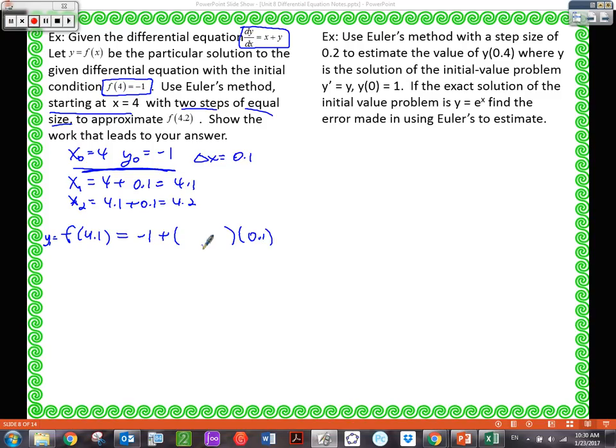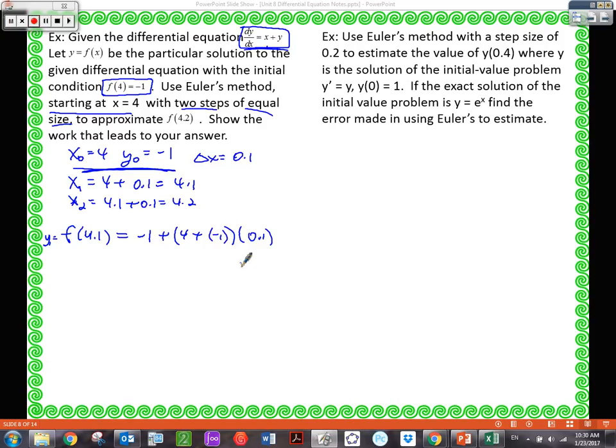What we do is we go back to our differential equation, and we substitute in that previous point, whatever it was. The previous point happens to be (4, -1). So I'm going to put in the x value of 4 plus the y value of -1. Okay, that's what goes there.